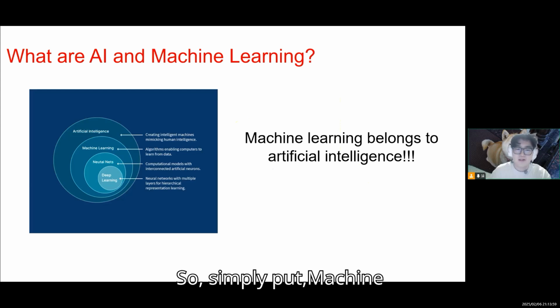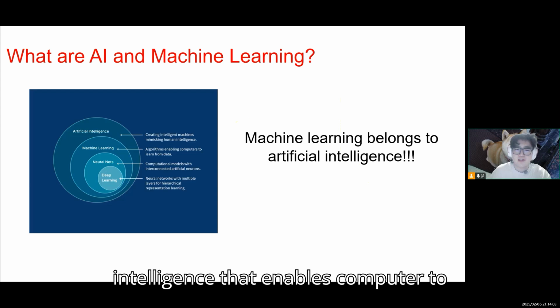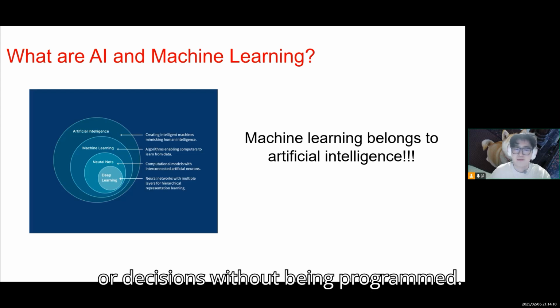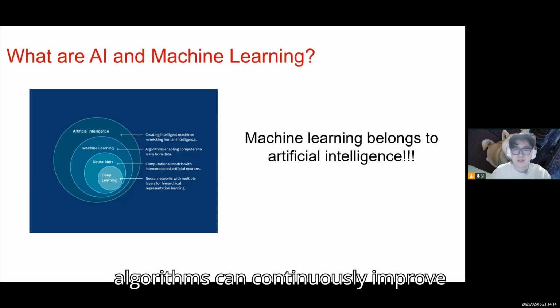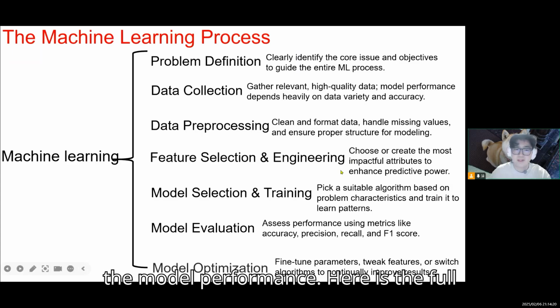So, simply put, machine learning is a subfield of artificial intelligence that enables computers to learn from data and make predictions or decisions without being explicitly programmed. The key to machine learning is that algorithms can continuously improve themselves through experience, enhancing the model performance.